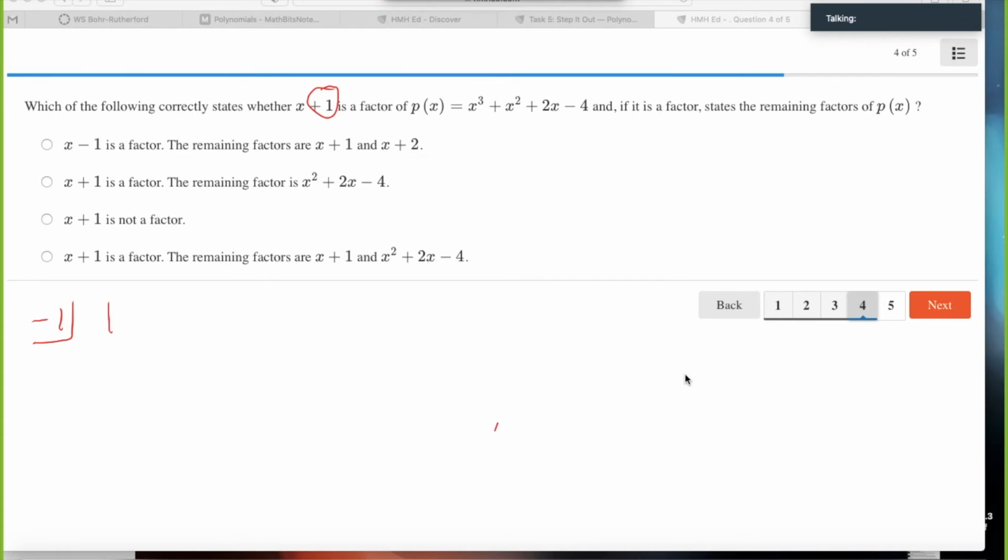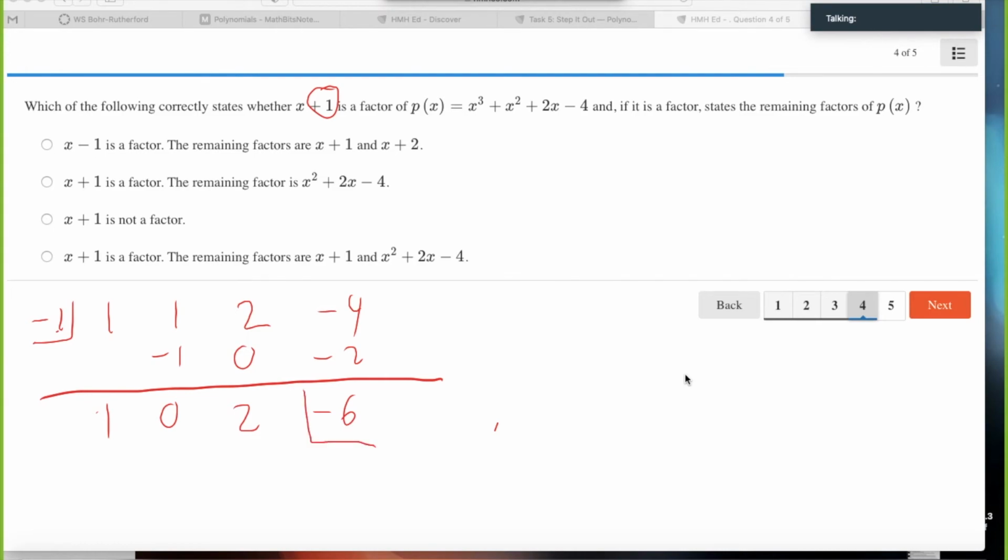So then we're going to go with our coefficients. 1, 1, 2, -4, 3, 2, 1, 0. Okay. Just want to make sure I got all of them. So the 1 comes down. 1 times -1 is -1. 0. 0 times -1, 0. Added 2. 2 times -1 is -2. Or 5, 6, -6.